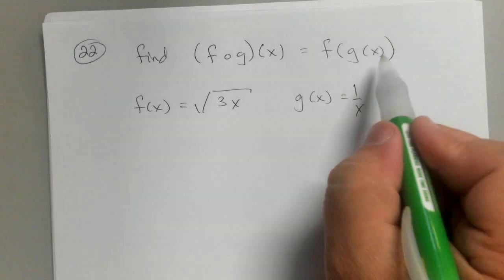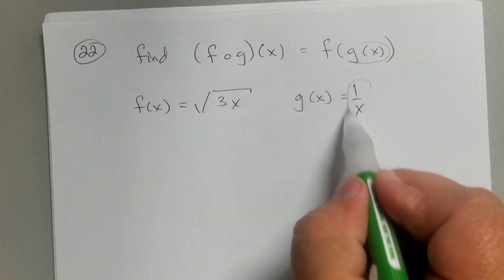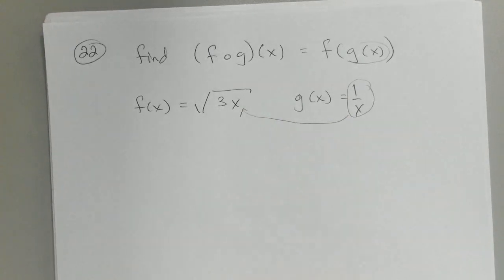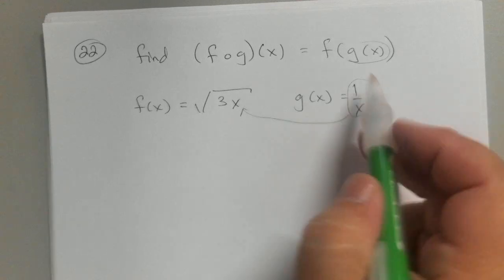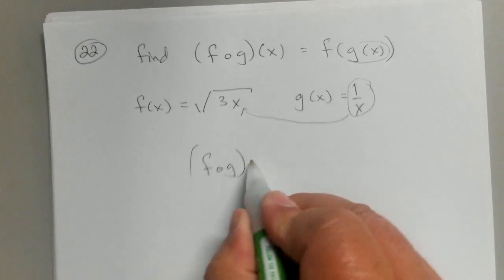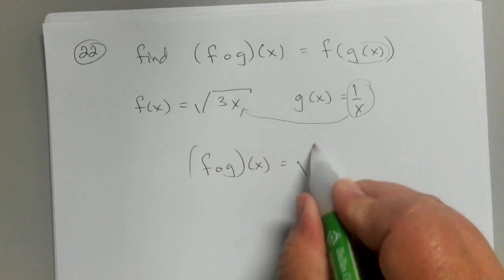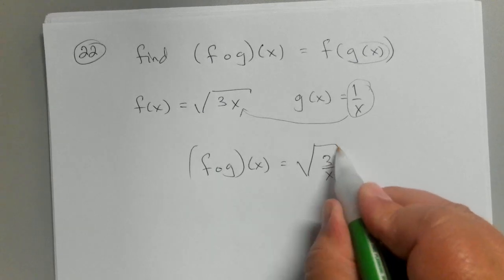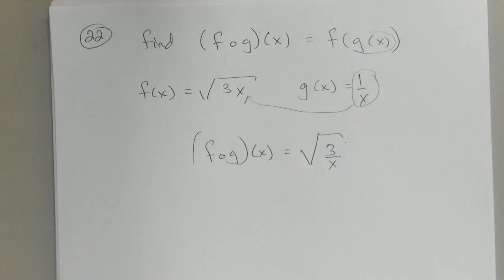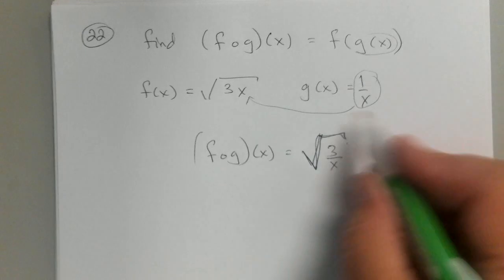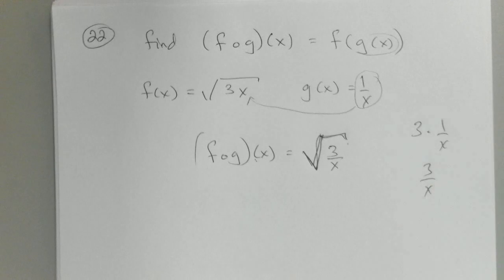It tells us to take the g function and put it anywhere I see an x inside the f function. Put g of x in its place. That's what this says. So f of g is radical 3 over x. It was 3 times 1 over x, which is 3 over x.